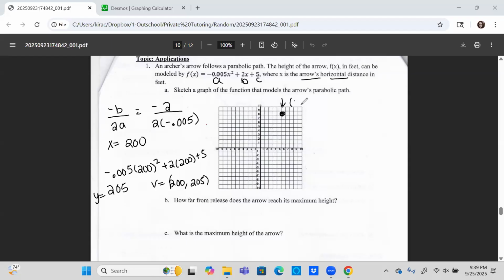That point right there is (200, 205), and you shoot out your arrow, something like that. The x is the horizontal distance. So 200 feet from its release, it reached its maximum height of 205 feet. Why feet? Because it says so in the problem.